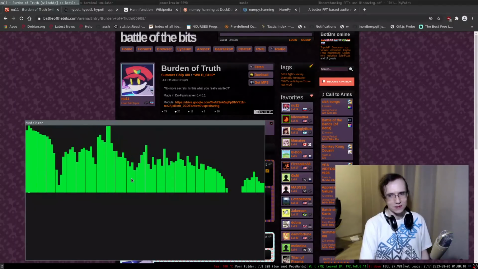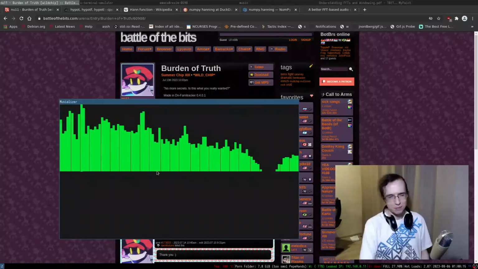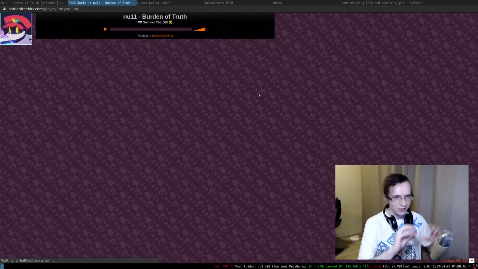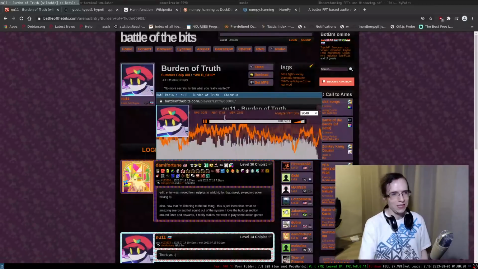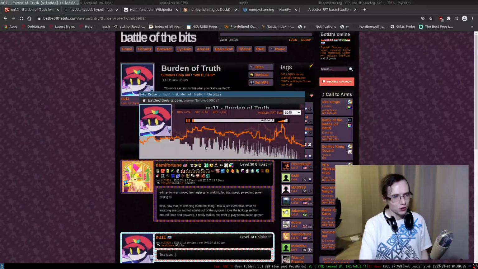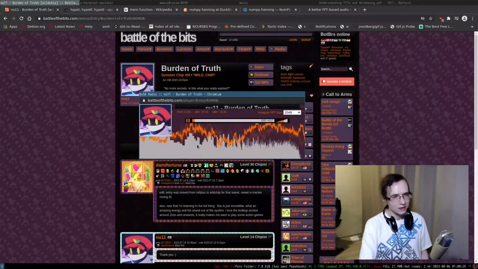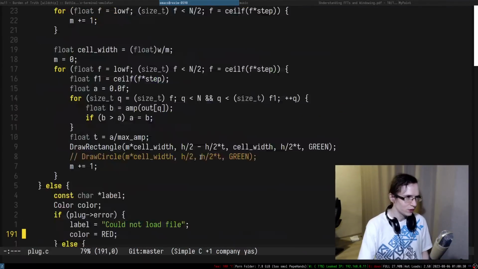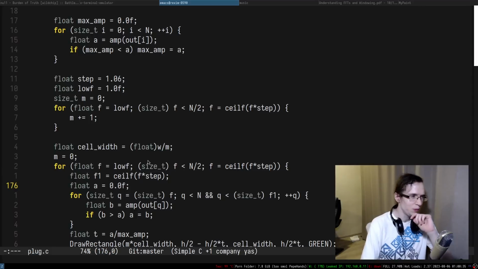So I think it's better, right? It also has a similar shape as in here. But this one is a little bit more interesting, I think. Yeah. So all of these tricks do kind of work, which means that we may be on the right path.